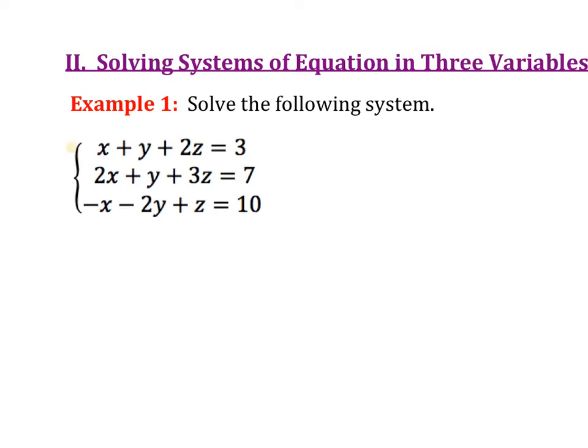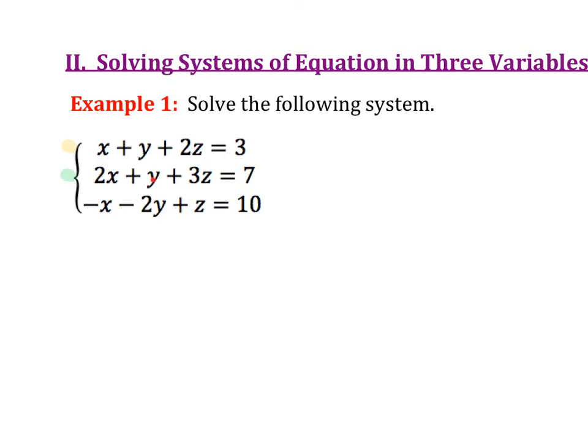The first equation I'm looking at, x plus y plus 2z equals 3. That seems like it's going to be pretty user-friendly, right? Because there's no coefficients on my x and my y, so I could do some elimination right there fairly easily if I wanted to. Second equation, we've got a 2x, a y, and a 3z.